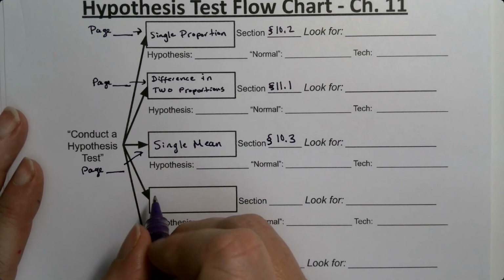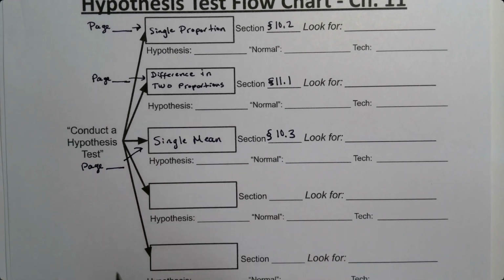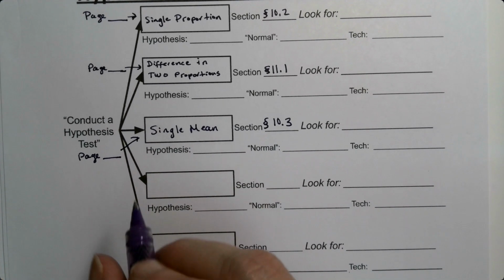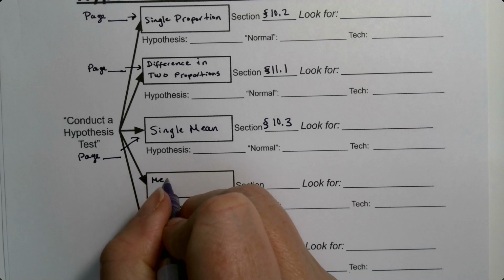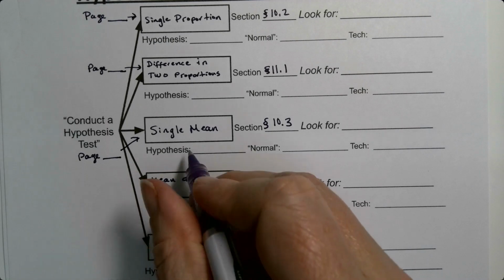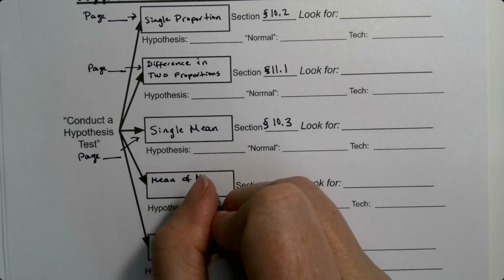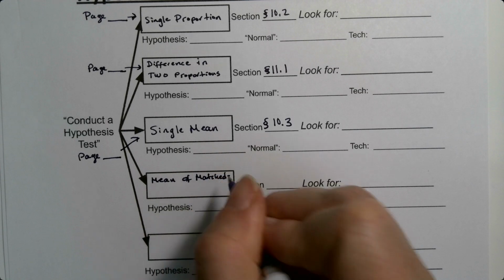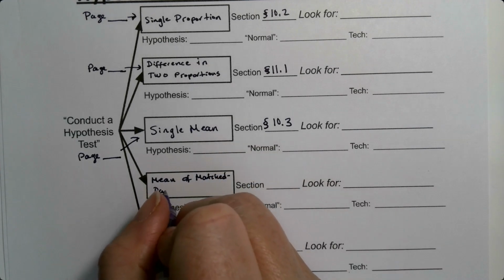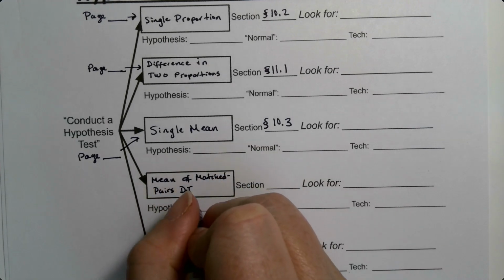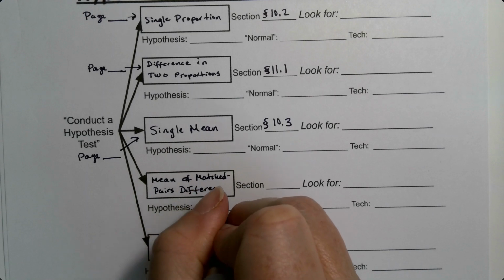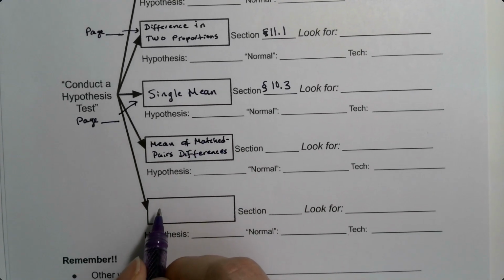And then we have 2 different ones down here. And this is where it gets a little tricky. This is the mean of matched pairs differences. This is the dependent sample one, as opposed to the independent sample one.